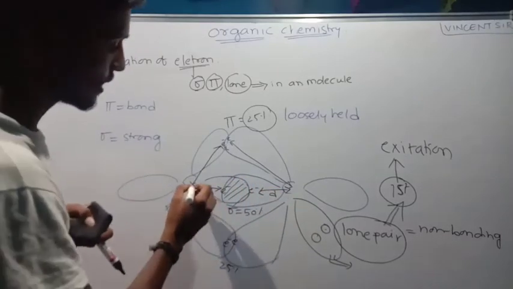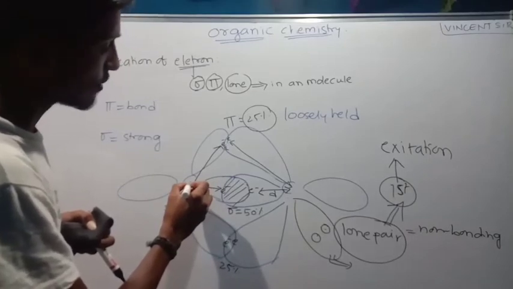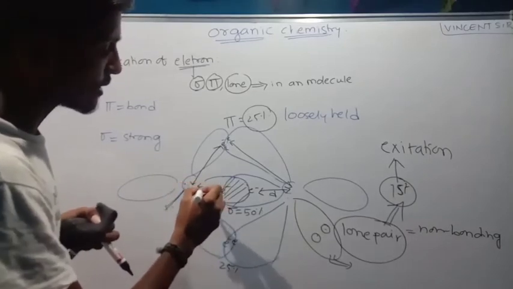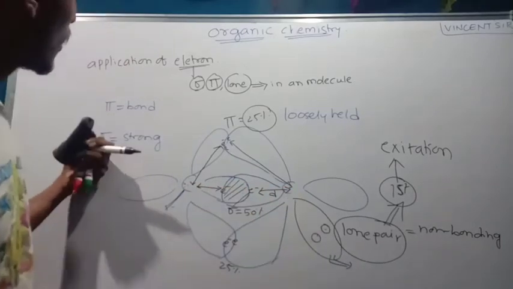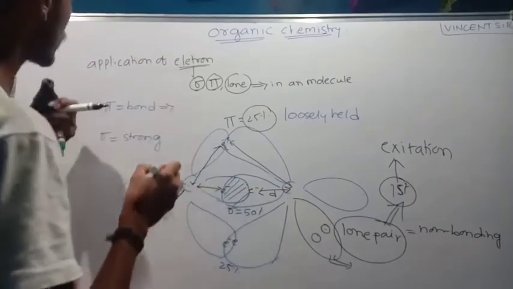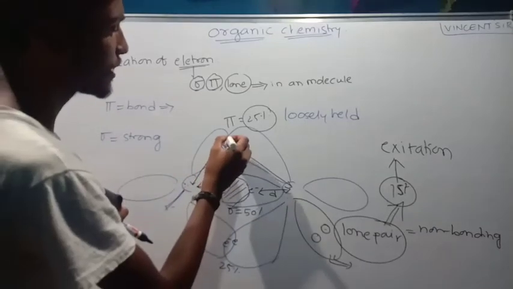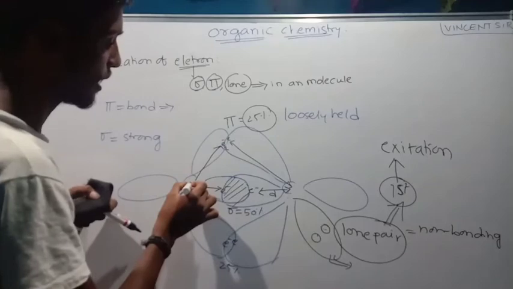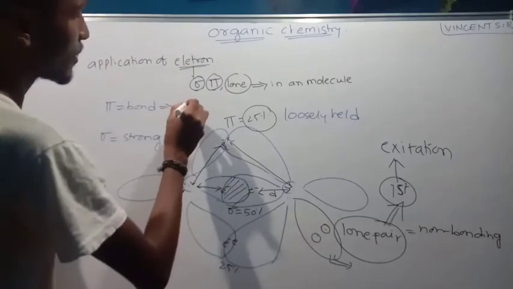After that, the protons of this carbon tightly hold the electrons of this atom, and these pi electrons are somewhat loosely held with the protons of this carbon atom, that's why the pi bond is a weak bond.